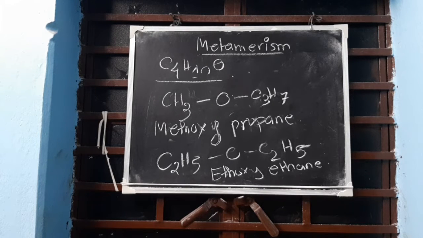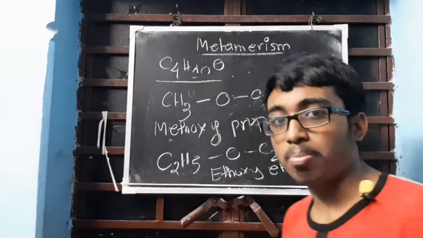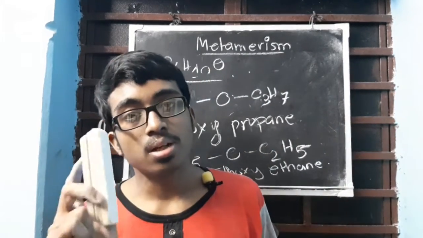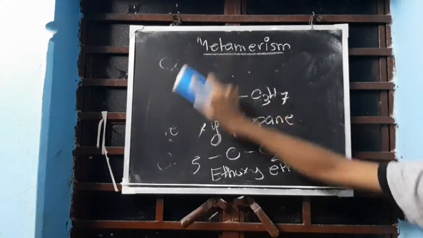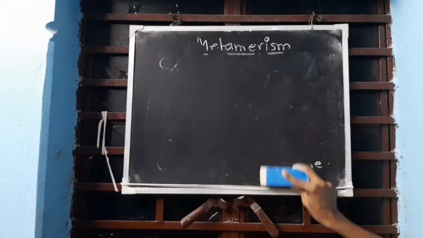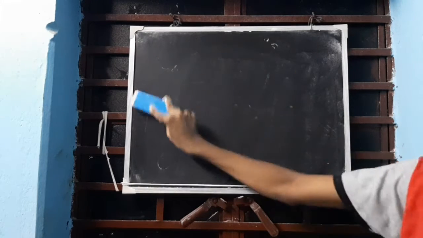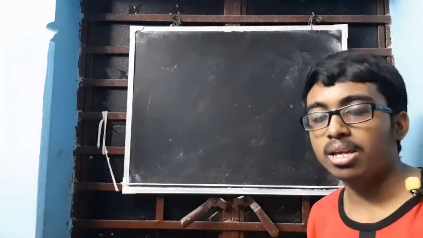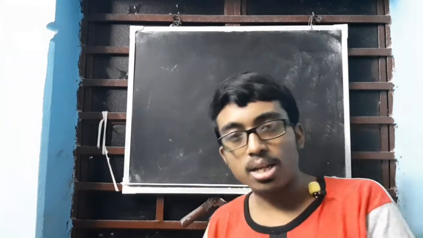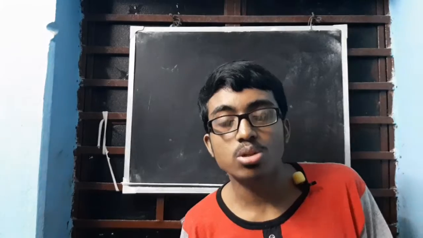Now we are moving on to the most important part, that is IUPAC nomenclature. Basically, there are many common names in different parts of the world. Maybe we are saying something and some other country is saying something else, whom will we listen to?